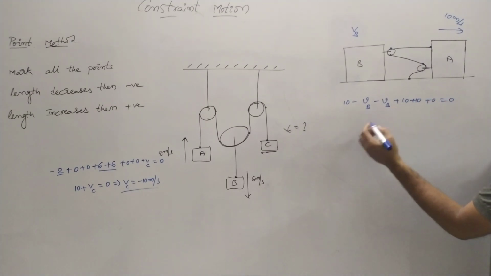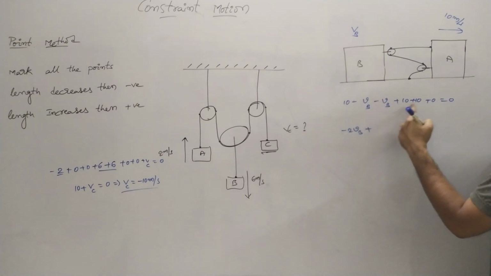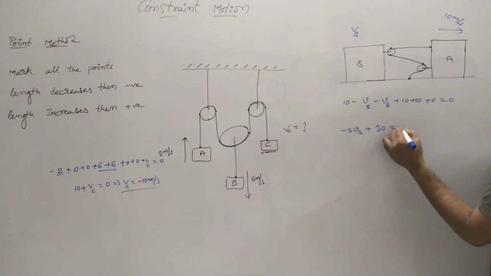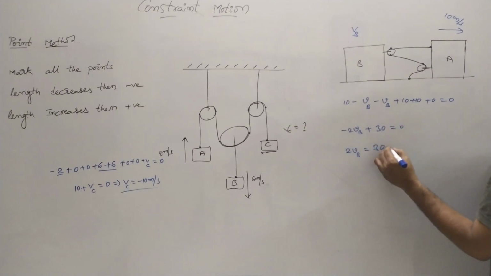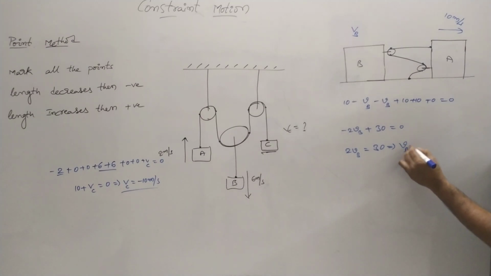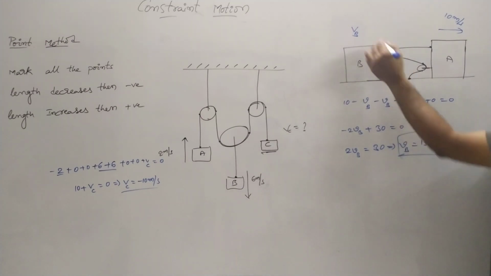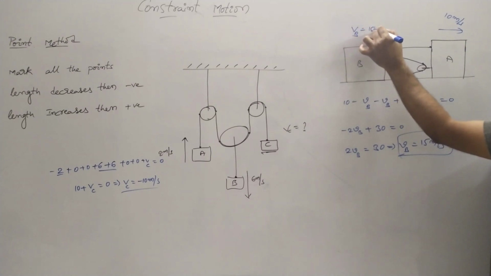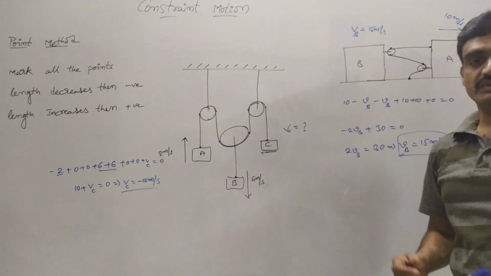From this equation, observe that minus 2v suffix b plus 10 plus 10 plus 10, nothing but 30, is equal to 0. So we have 2v suffix b equals 30. Then the velocity of the block B is equal to 15 meter per second. So this represents the velocity of the block B when block A is moving with a velocity of 10 meter per second. Take a screenshot, we will continue.